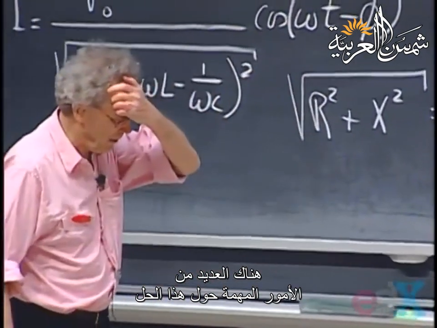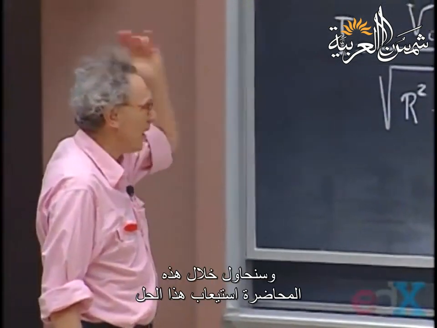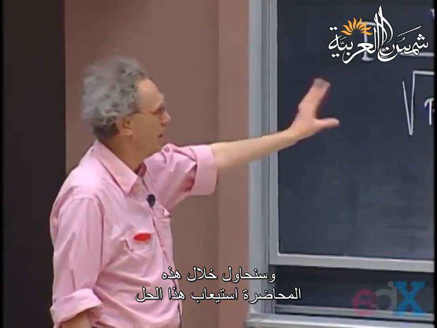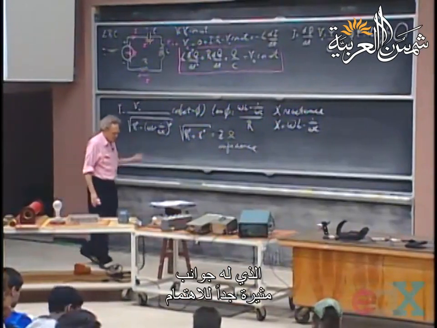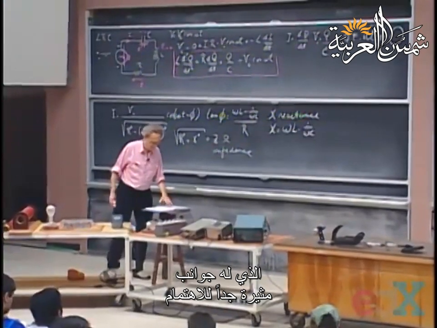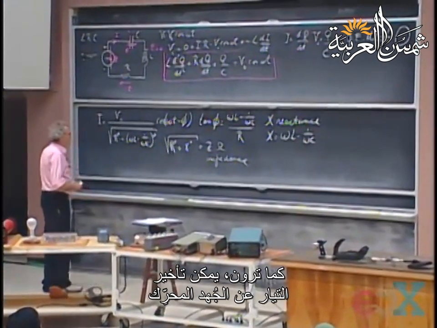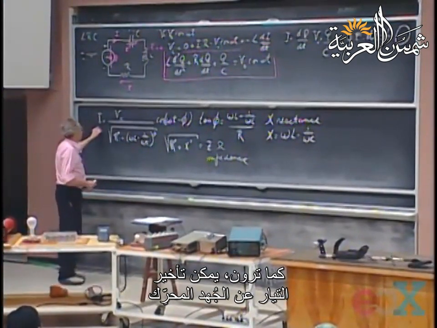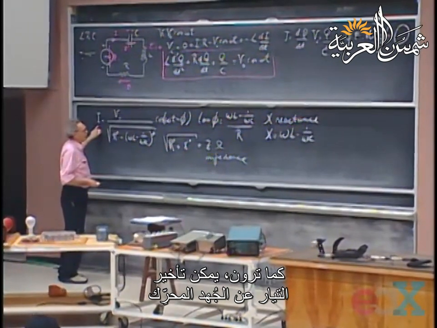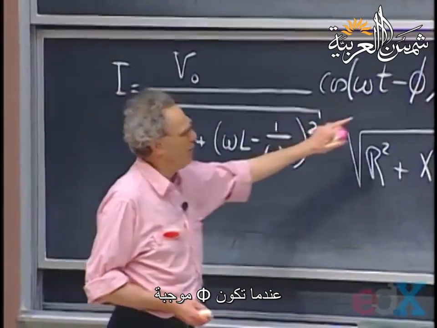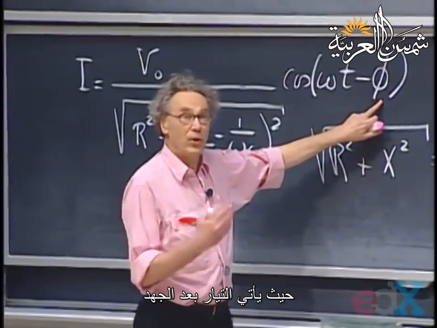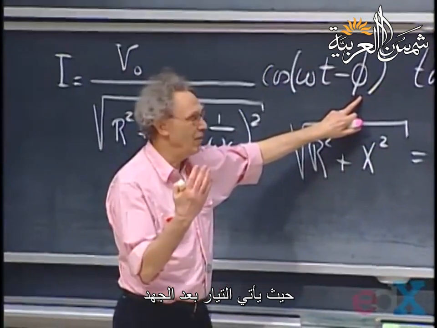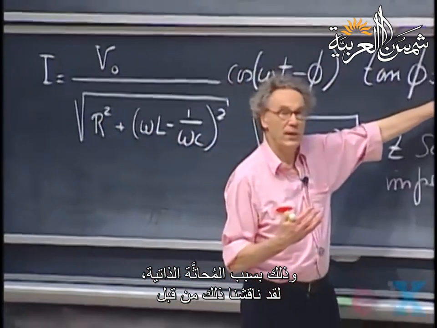Now there are several interesting things that you can see in this solution. We have to start digesting this whole solution. For one thing, you can see that the current can be delayed over the driving voltage when phi is positive. Then the current comes later than the voltage, and that's the result of the inductor.